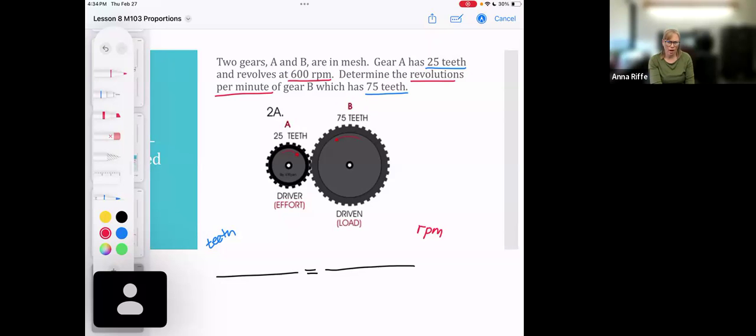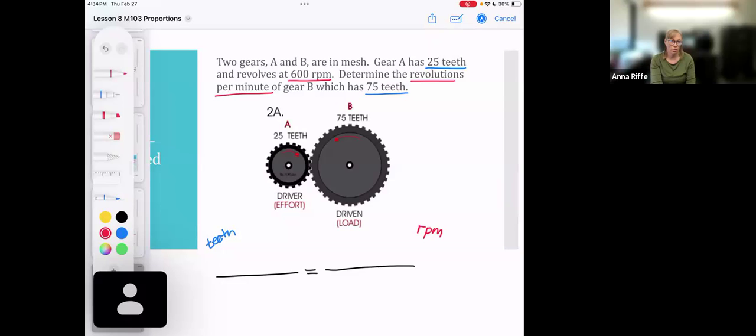I have to figure out if this is an inverse proportion or direct proportion. You can probably guess that it's inverse because it's in the inverse part of this lesson. But let's think about why. The smaller gear has fewer teeth.